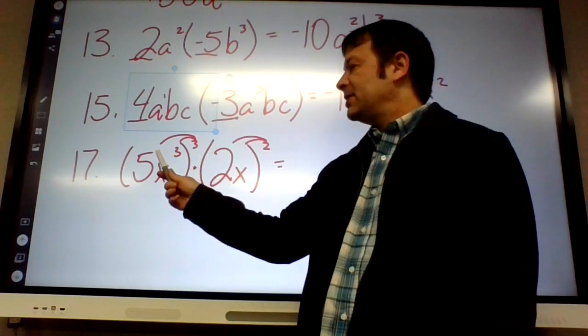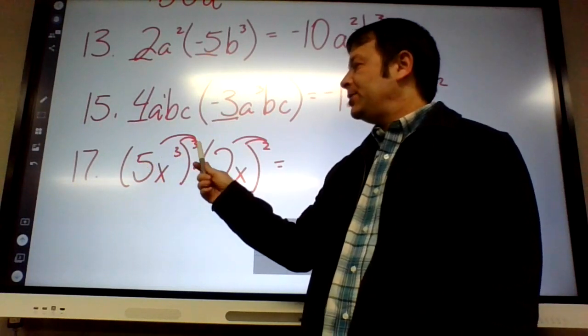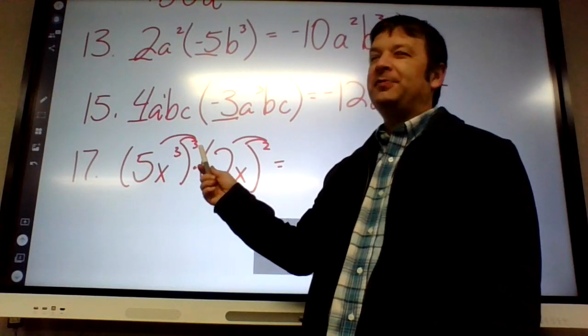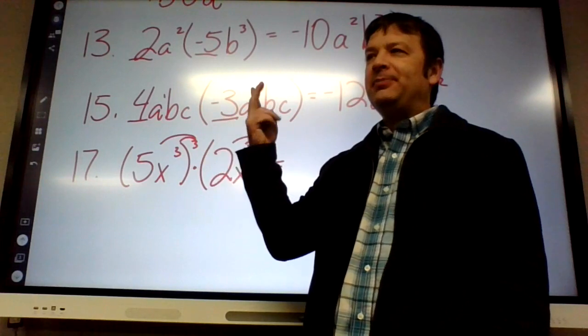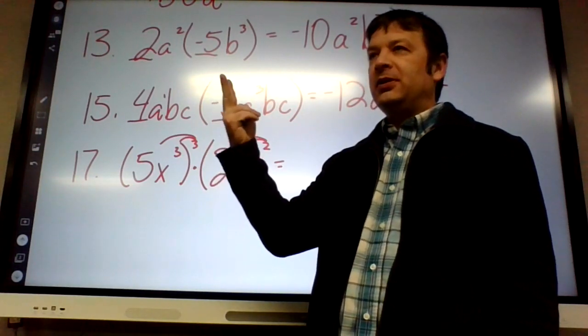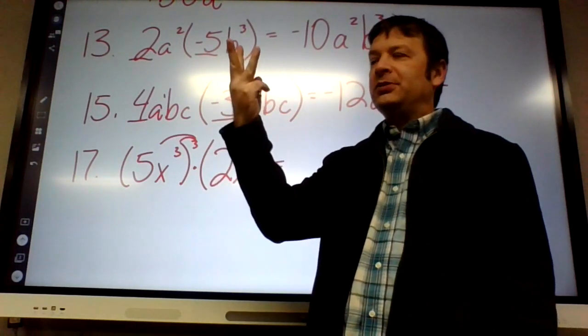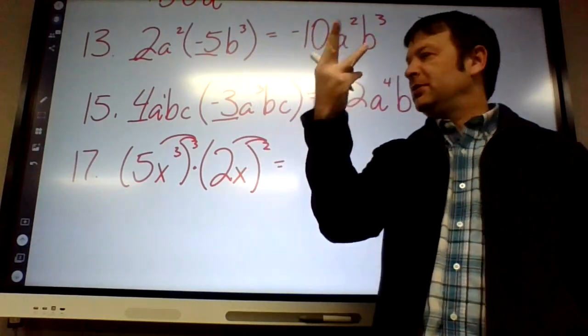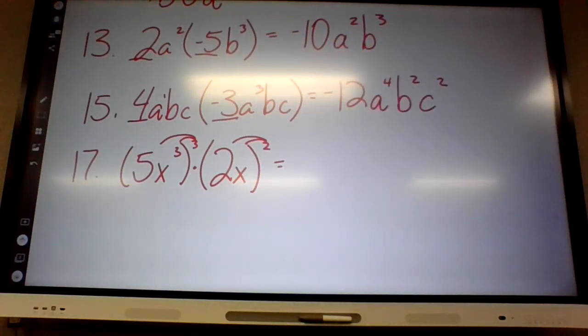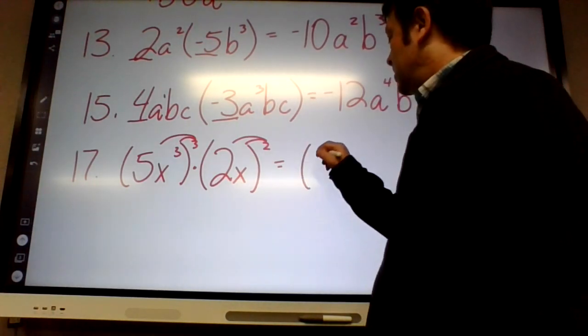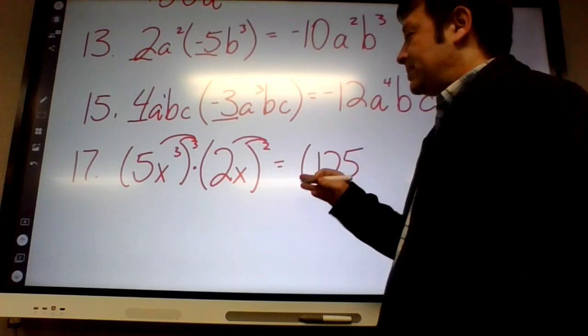So exponents first. 5 cubed: what's 5 times 5 times 5? 5 times 5 is 25, and 5 times 25 is 125. I'll just keep parentheses for now.